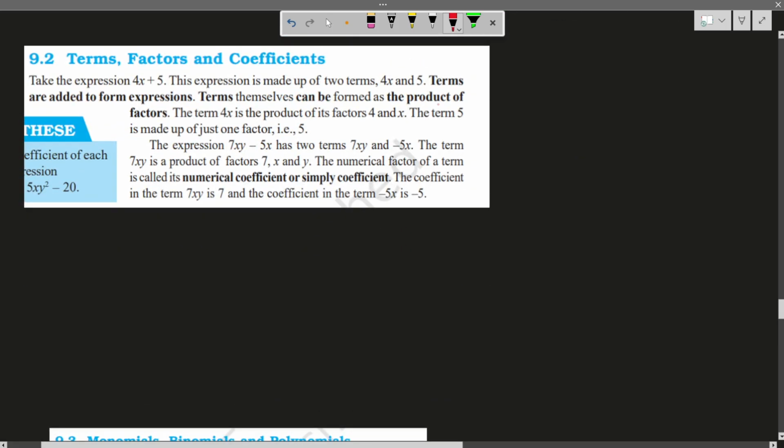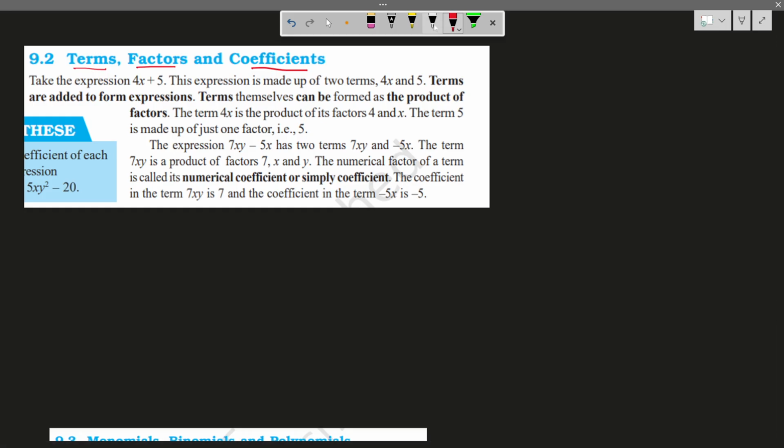Now there are some other important terms which we need to get clarity on before starting the problems. These are terms, factors, and coefficients. All this can be explained with the help of a simple example of an algebraic expression.